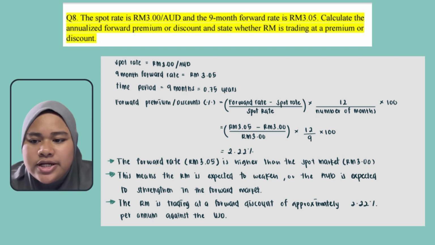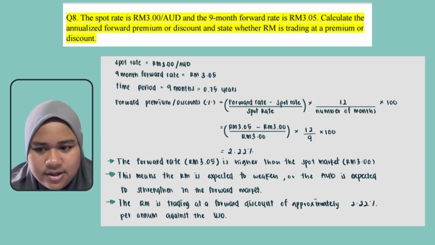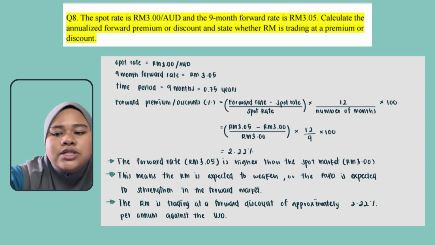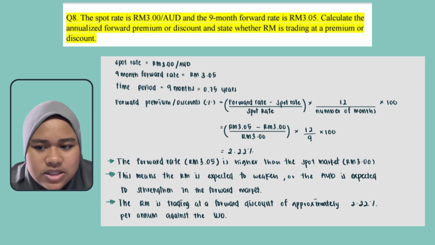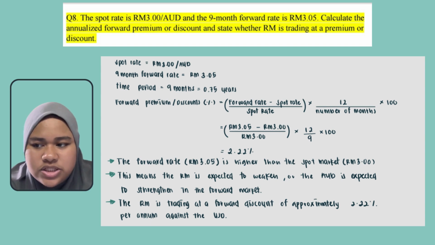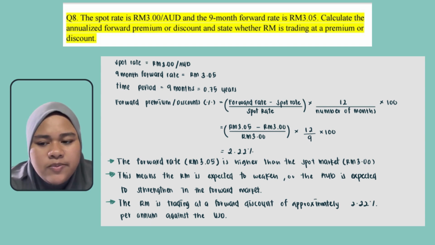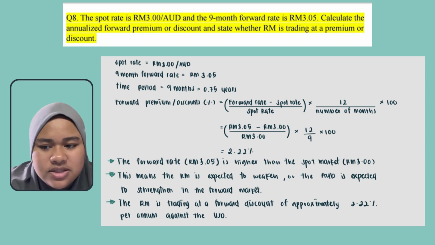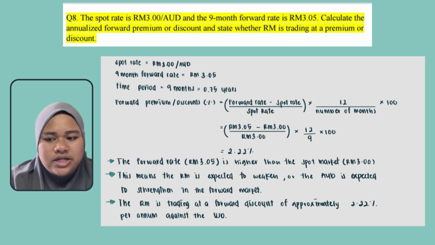So we know here that the number of months is 9. The next step is we need to insert the values, which is 3 ringgit 5 cents. We need to minus 3 ringgit and divide by 3 ringgit.